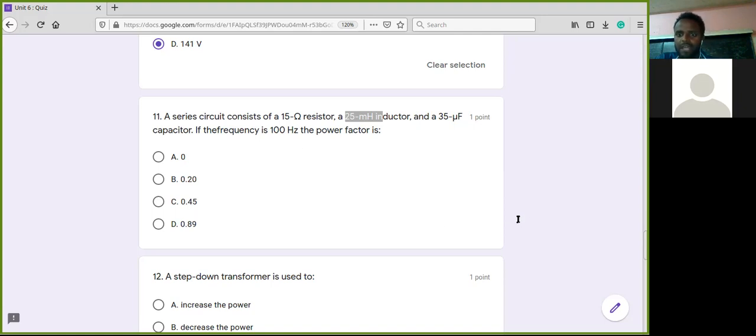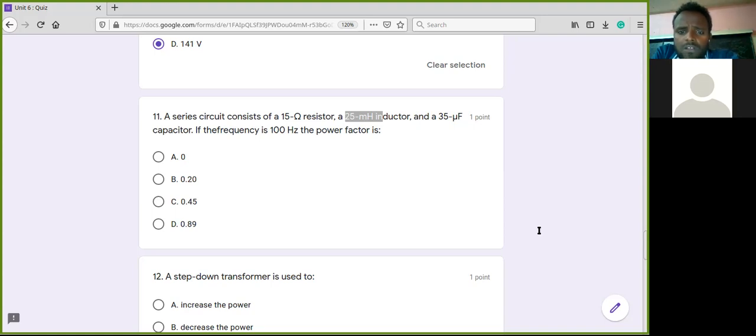XL is omega times L, 6.28 times 25 times 10 to the power of minus 3, which is 0.157.